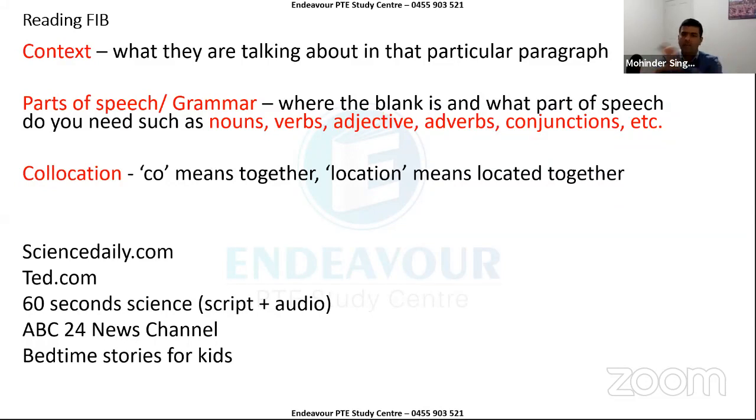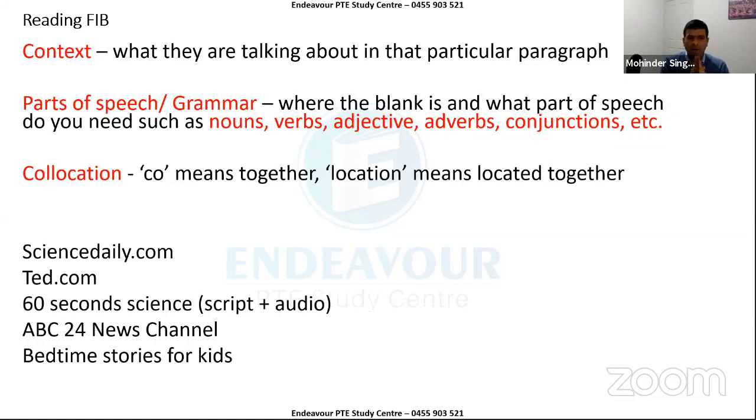For every context, we have different word choices. There are certain words which are used commonly for everything, but there are certain words which only collocate in some context and they do not collocate in another context. So we really need to understand the context. If you understand the context, it is going to be easy for you to pick the right blank.